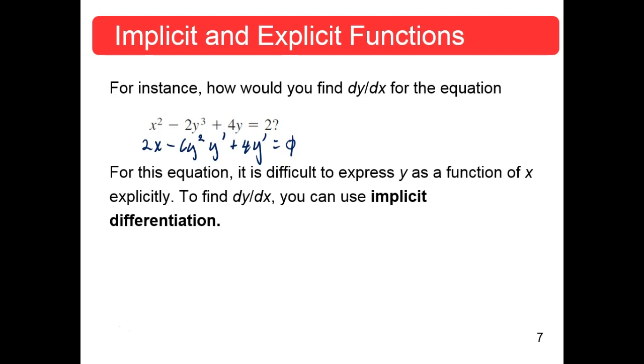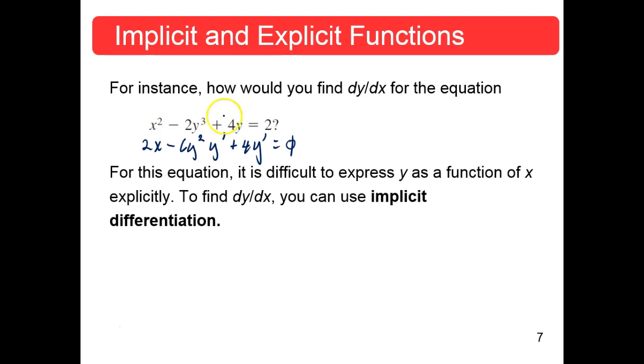Hey, what have we wound up with? We've wound up with an equation with x's and y's, but also y prime. So let's isolate y prime. That's what we're looking for, dy/dx, which is what y prime is. What would be your first step to isolate them? Separate from the x and the y.